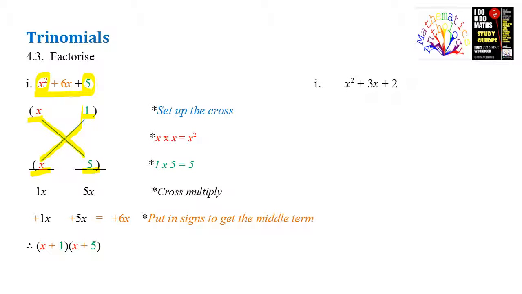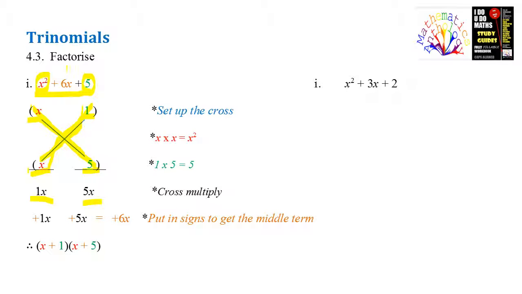The next step is to multiply these across. So x here, multiply across by the 5 will give me 5x here. Then I'll go the other way. 1 here, multiply across to the x, that's going to be 1x. There we go. Now I look at my middle term.